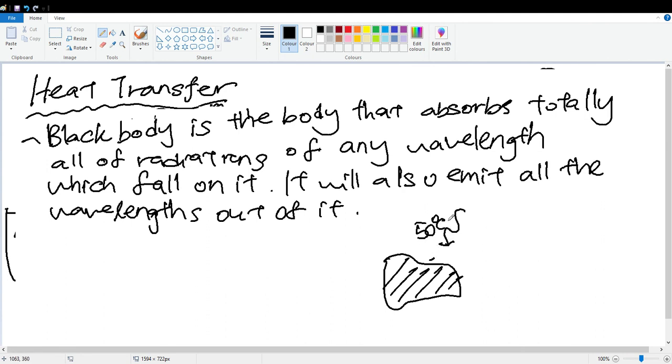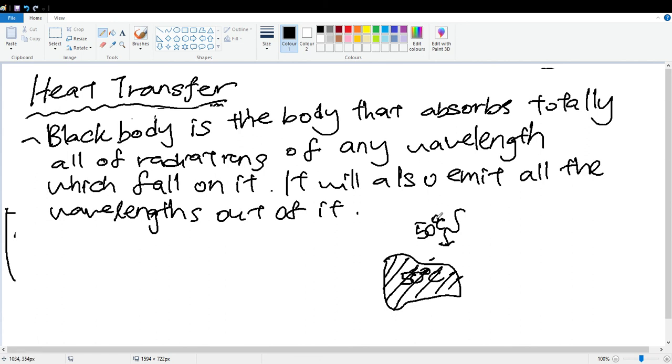The surrounding temperature of the thermal radiation is 50 degrees Celsius. The black body will absorb all the possible wavelengths, so finally the temperature of the black body shall be 50 degrees Celsius.